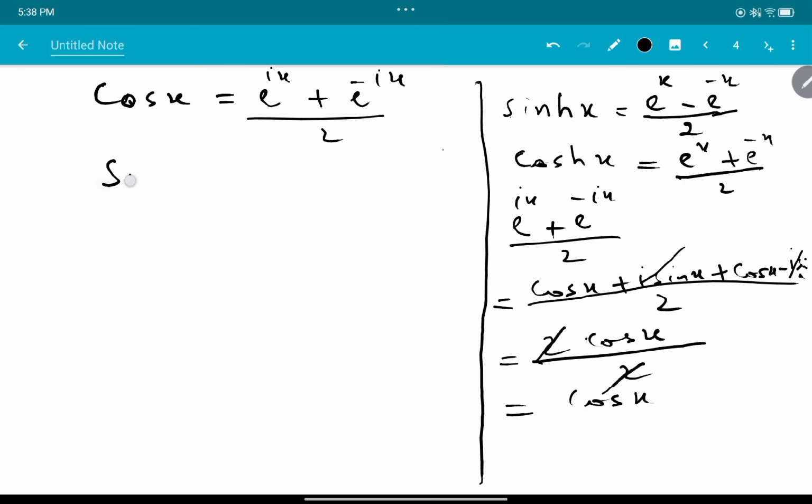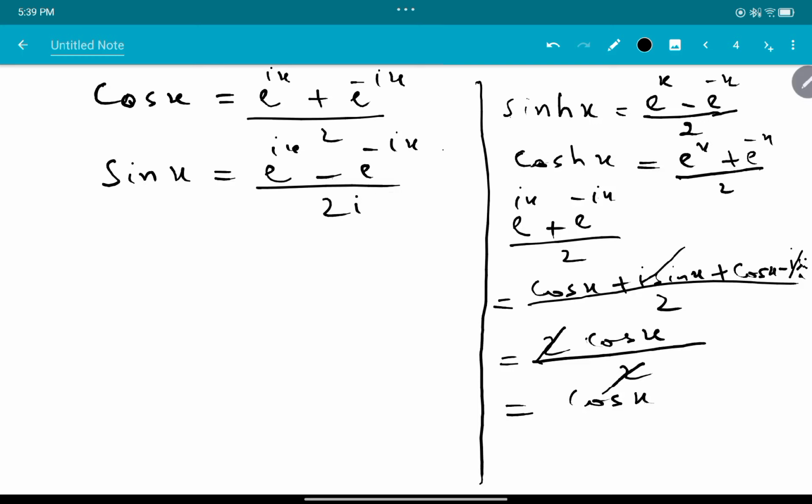Similarly, you can prove it yourself that sin x can be written as e raised to ix minus e raised to minus ix, divided by 2i. If you expand this by using Euler's formula, you will arrive at this formula.